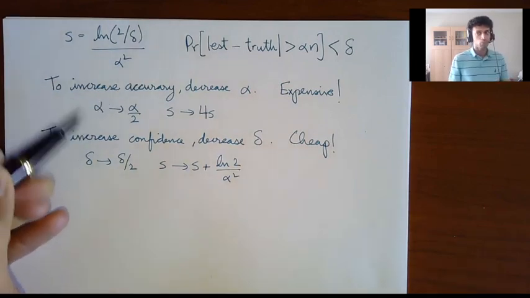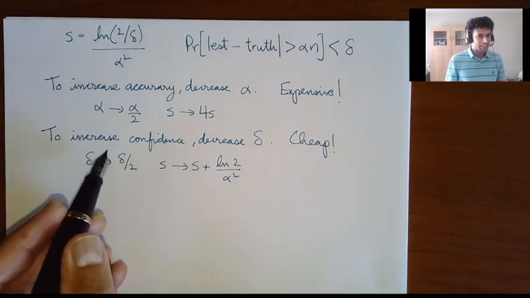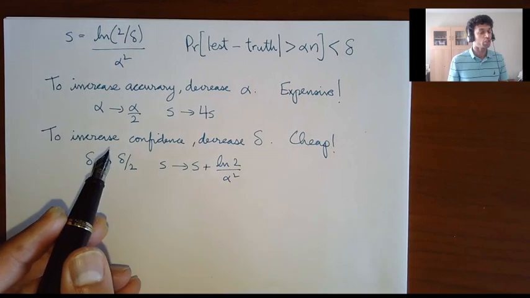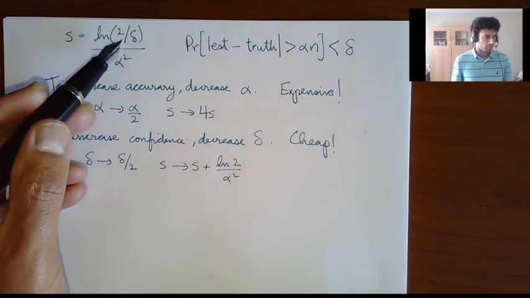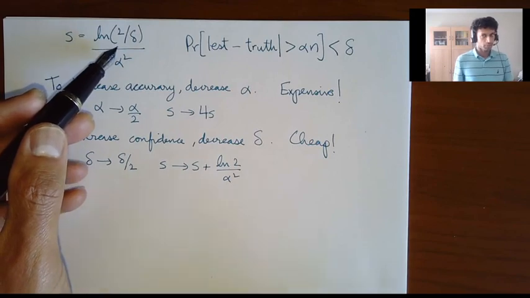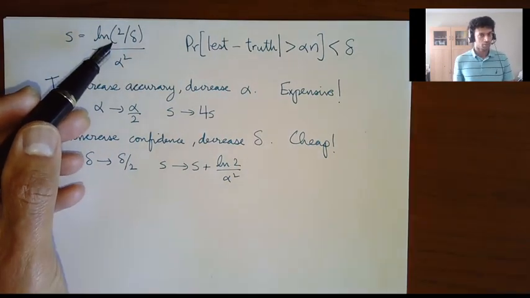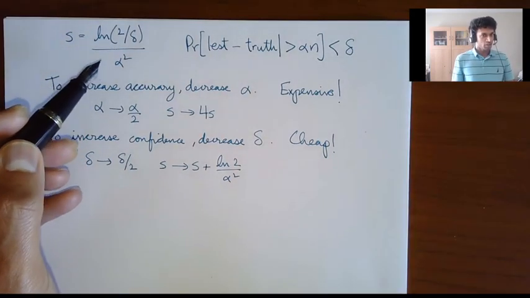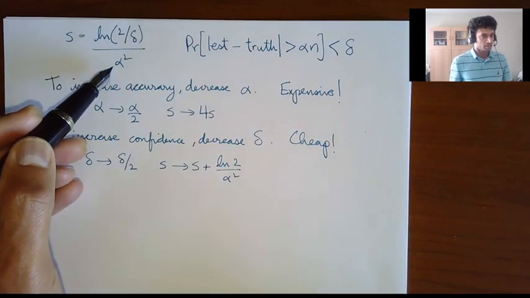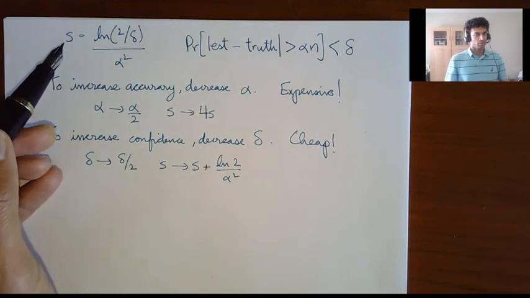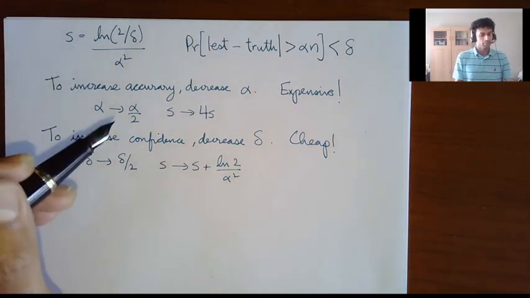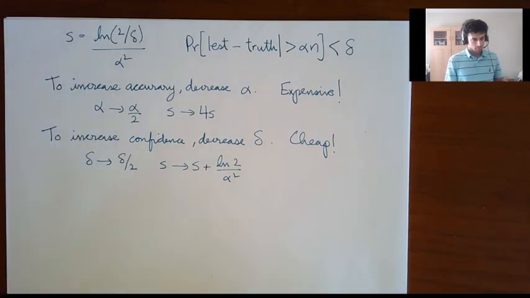This is very important because it's easy to increase your confidence. It's cheap. And the fact that there is a logarithmic dependence here plays a role in many results. On the other hand, the quadratic dependence that you see here is also something that will appear over and over again in many different kinds of results. The first thing to understand, when you look at this, is: is it tight?